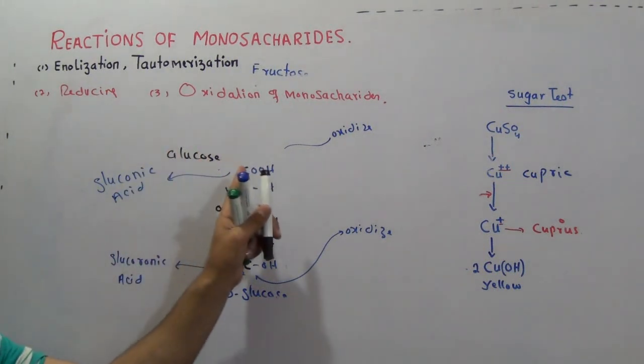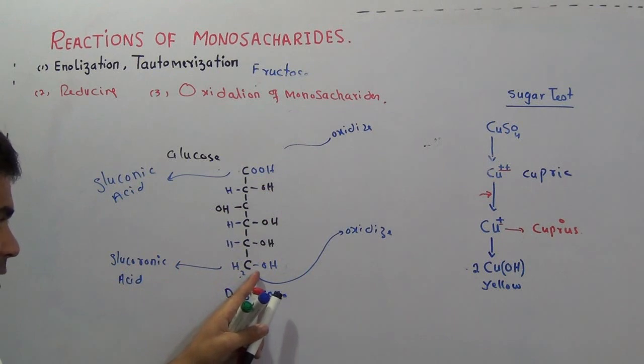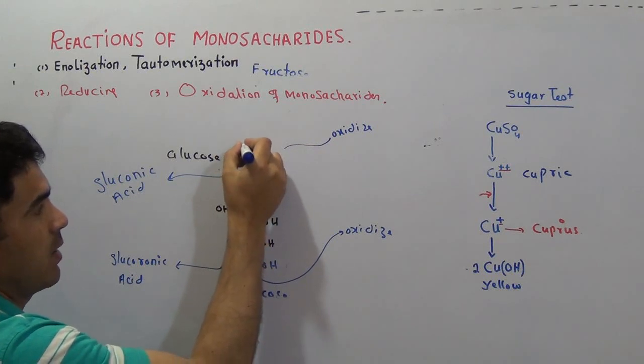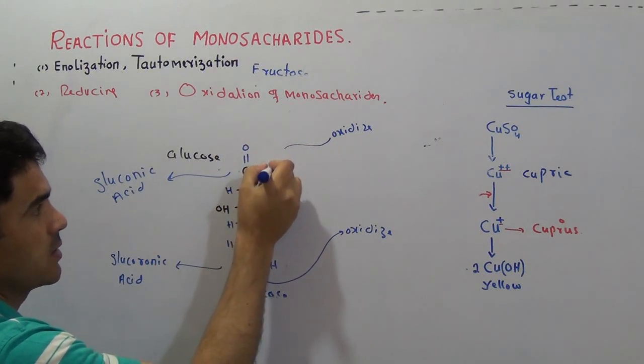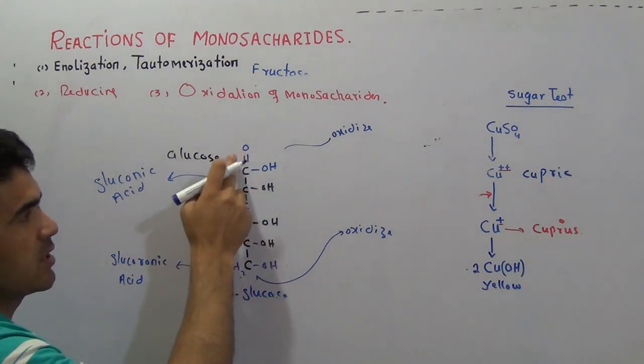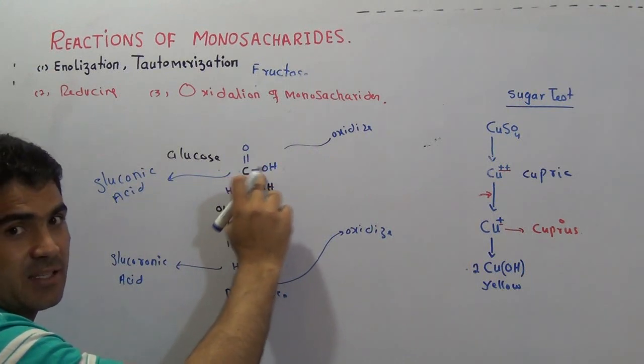So gluconic and glucuronic acid, there is a small difference. If the aldehyde carbon is oxidized, it will be called gluconic acid, and if the terminal alcohol is oxidized, it will be called glucuronic acid. You can write COOH like this as well, C double bond O and OH. Look, there was C double bond O and hydrogen, but after oxidation you can see an extra oxygen there.